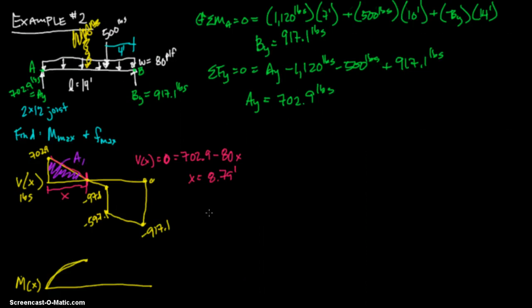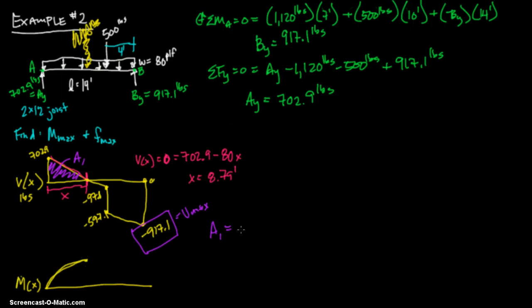And that is, let's write it over here, A1 equals, and you can see our max shear in the beam is right there. And this will equal our maximum moment.